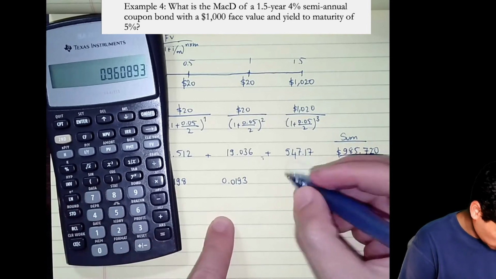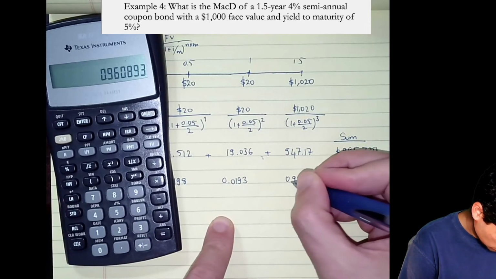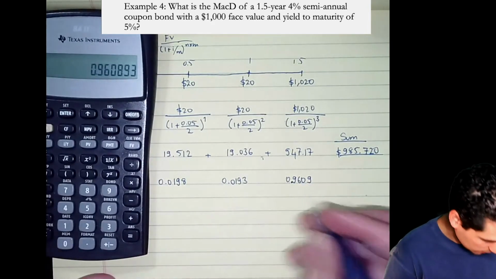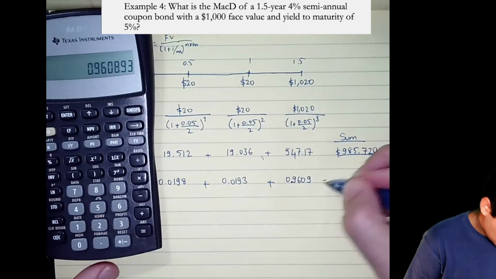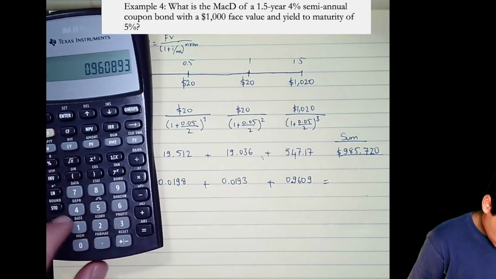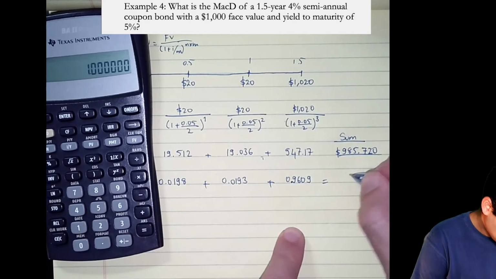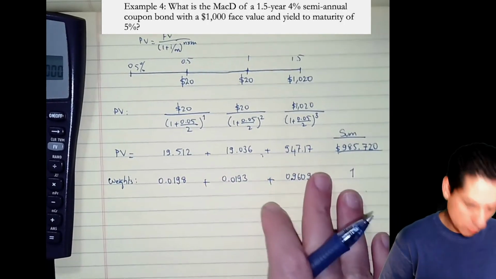The last one is contributing about 96% to the value of the bond. And if I add these up, not surprisingly, I should have exactly 1, so 100%. Together, they account for 100% of the value.